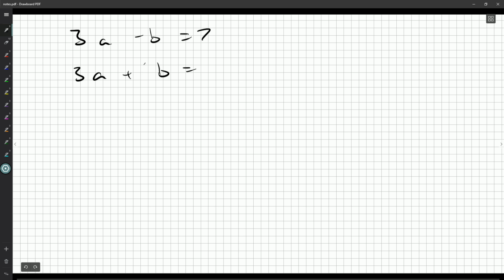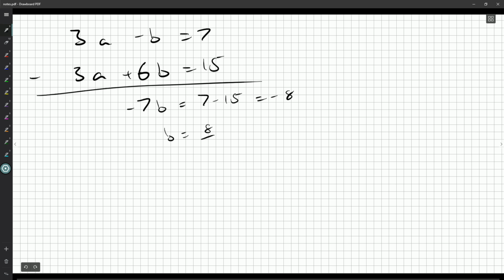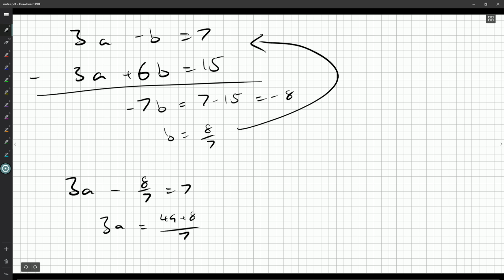You'll get 3a plus 6b is 15, and if you take the top equation and subtract the bottom equation, suddenly you have no a's. You'll have minus 7b is 7 minus 15, so negative 8. So b is 8 sevenths. Plugging back into the first equation, 3a minus 8 sevenths equals 7, so 3a is 49 sevenths plus 8 sevenths, that's 57 sevenths.